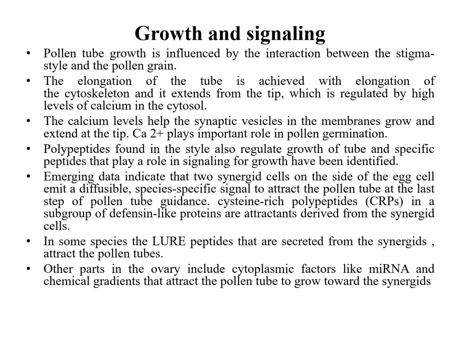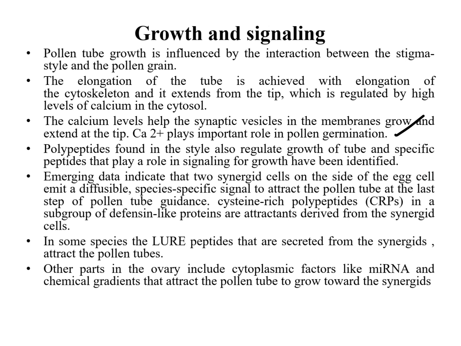The calcium levels help the synaptic vesicles in the membranes grow and extend at the tip. It is a very important point that calcium ion plays an important role in pollen germination.